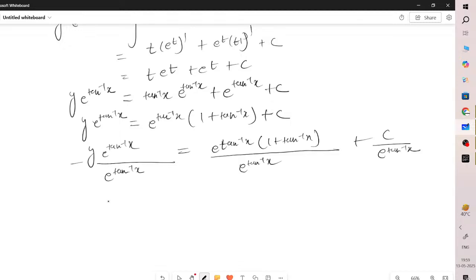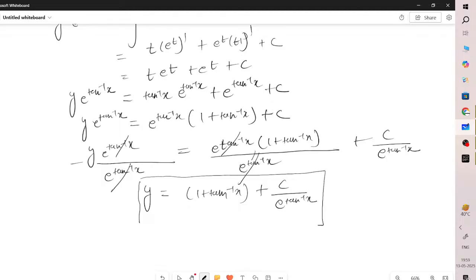Now what is this? This can be cancelled on both sides, because these are the same terms. So our y equals tan inverse x minus 1 plus c divided by e to the tan inverse x, which is our final required solution.